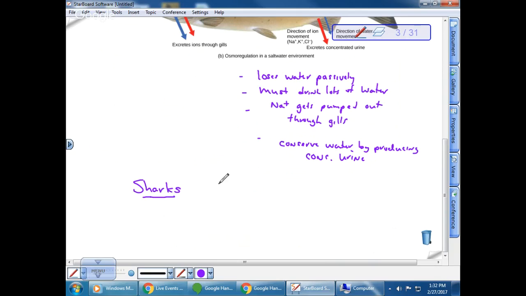But sharks, unlike marine bony fish, do not lose water. And the reason is that they retain urea, which is a solute, a nitrogenous waste as well, in their body fluids or in their body tissues.